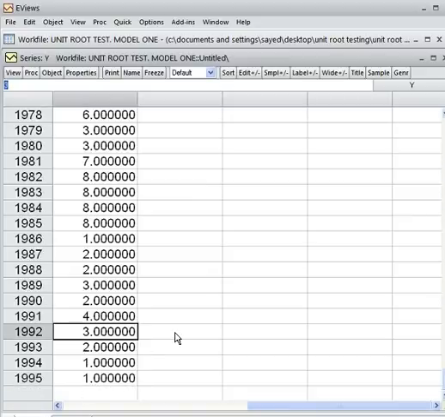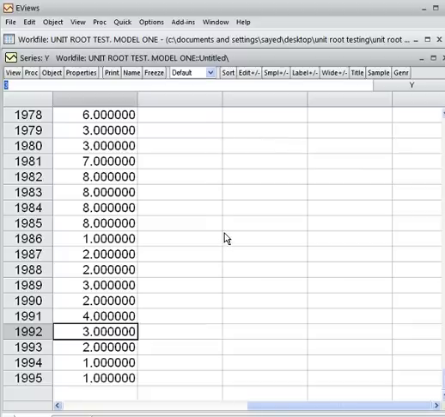Okay, so today we shall be checking whether this variable, which is y, has a unit root or not. In other words, whether this y variable has a unit root or not, that we shall be checking today.